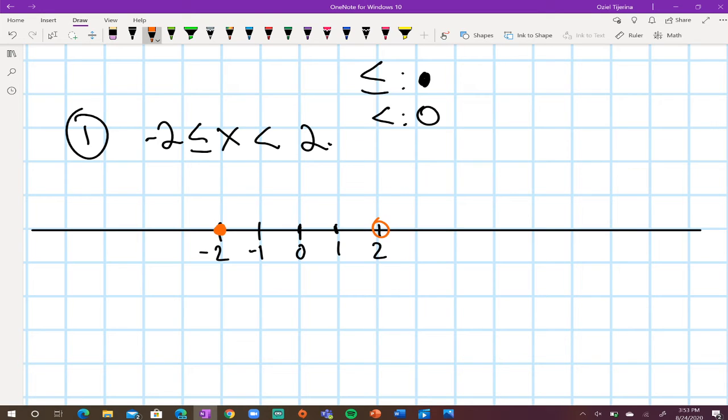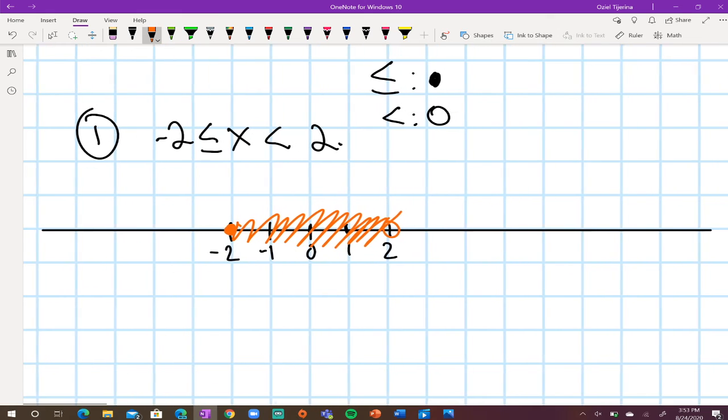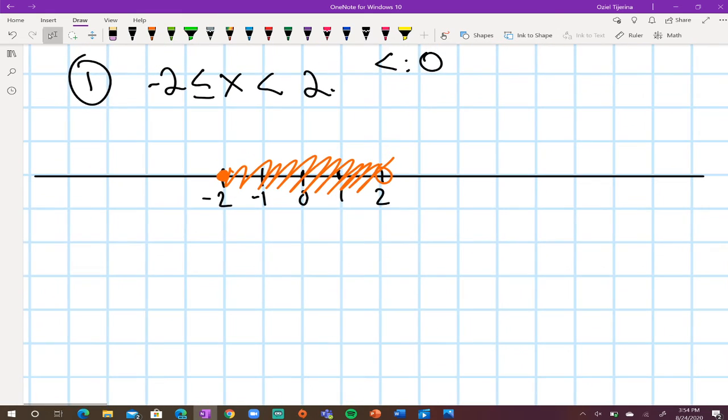All we have to do now is just shade in between, okay? So then this is going to be from -2 to 2, okay?